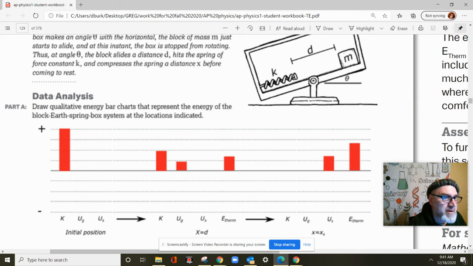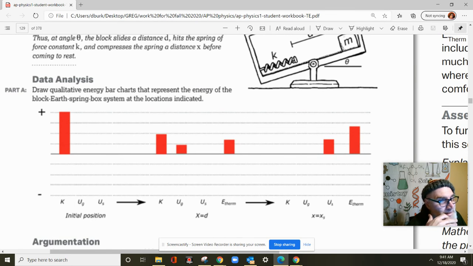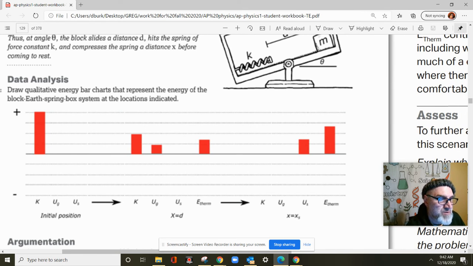I guess I need to do some research on this question. I don't understand. Why wouldn't it all be potential energy to start with, and then as it slid, some of it would be kinetic, some of it would be potential, some of it would be lost due to thermal losses, and at the bottom, it definitely would be all spring energy with even more energy loss.